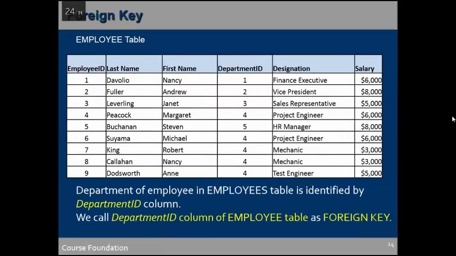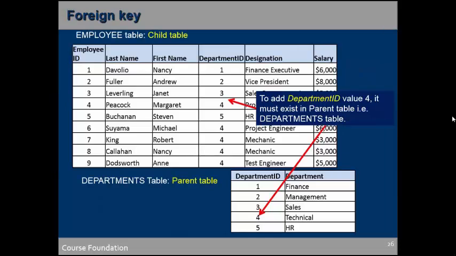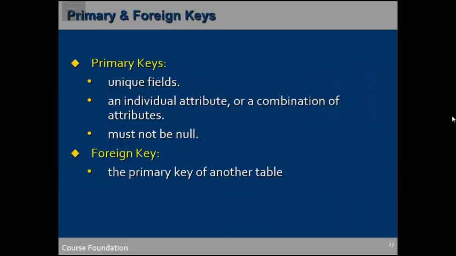Okay, then this is about the child table and the parent table. About the primary keys and the foreign keys: the primary keys should have unique fields. No two rows in a primary key can have the same data, because if they have the same data, then that column is not a primary key.